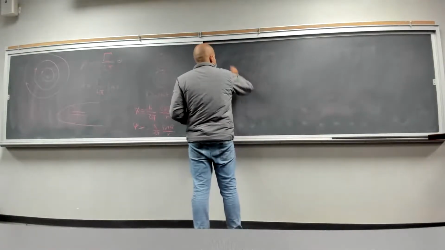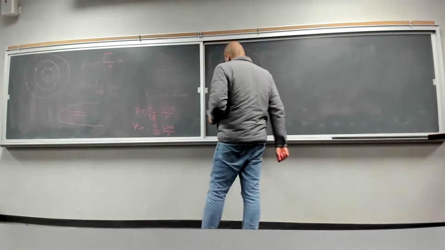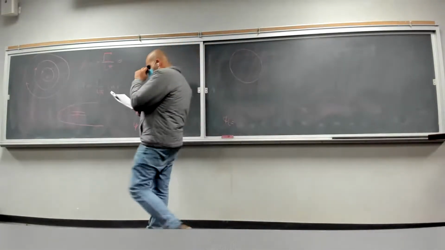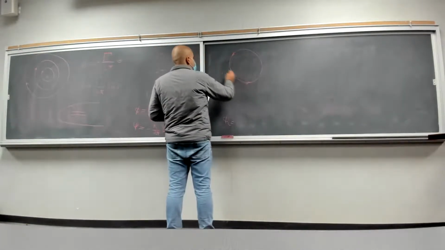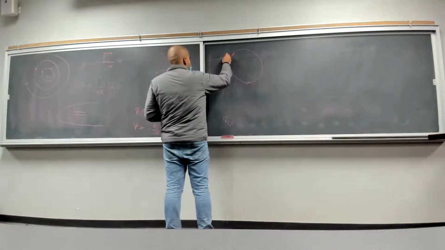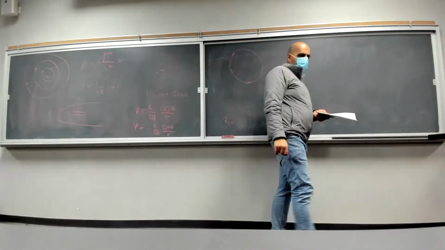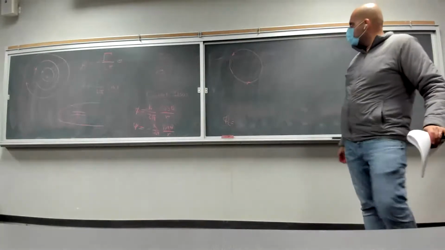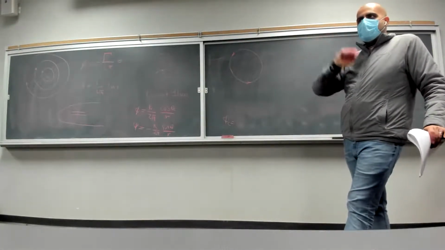So we have a cylinder that is rotating around the center, and there is flow passing over it. How do you think the flow would look like? There is flow over a rotating cylinder.